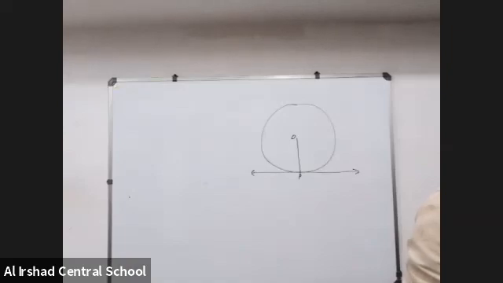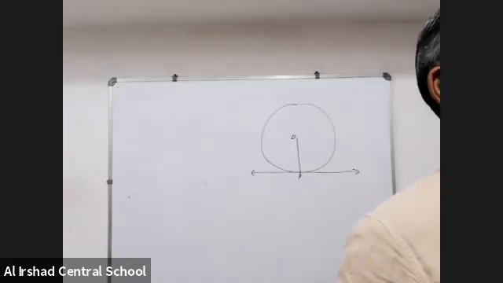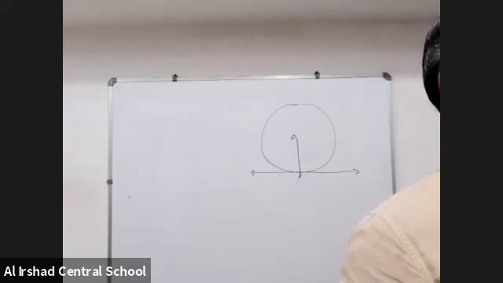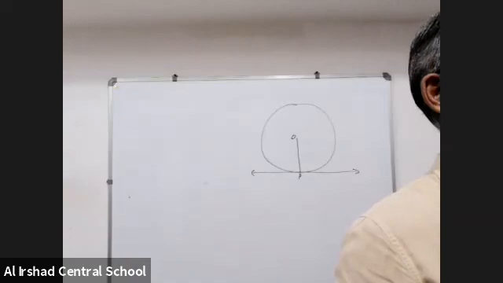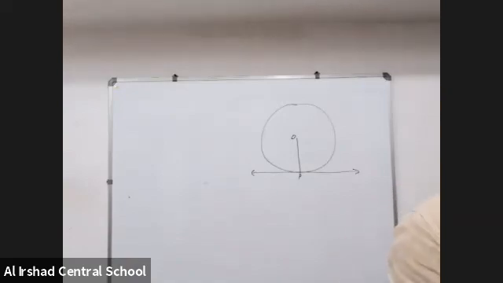AB is the tangent at P. We have to prove that the perpendicular at P to AB passes through the center. Let the perpendicular at point P to AB not pass through the center. Suppose it is not passing through the center O. It passes through O dash.